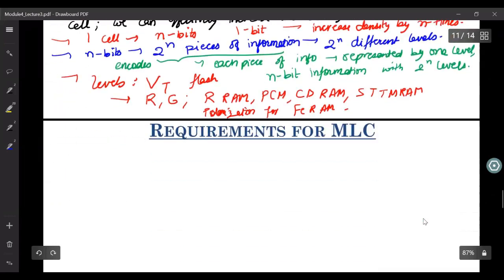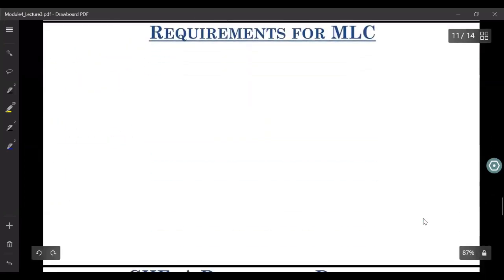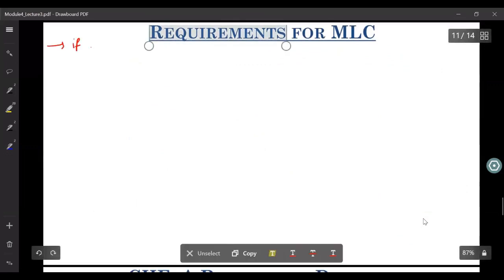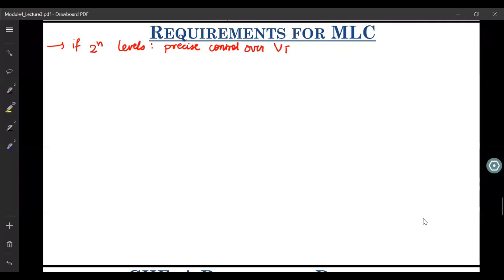Now, if you have to encode these 2 raised power n levels, let's talk about flash memory. If you have to encode 2 raised power n different levels, what that means is you need to have a precise control over your threshold voltage, right? If you want to restrict your threshold voltage to some particular level, then you need precise control over the threshold voltage.